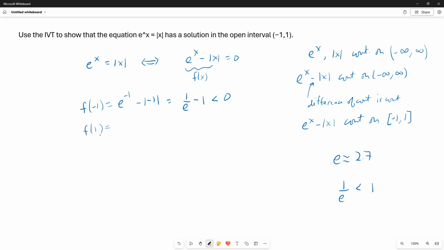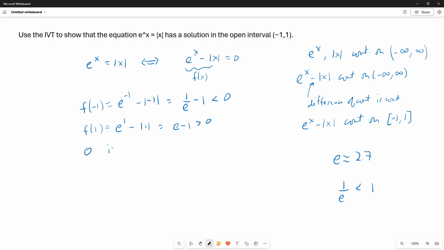Now let's check and see if f of 1 is bigger than 0. If it is, then 0 is an intermediate value. We have a continuous function, an intermediate value, and so the equation will have a solution by the intermediate value theorem. Let's check. e to the 1 minus the absolute value of 1 is e minus 1, and e is about 2.7, so this difference is about 1.7, and that's bigger than 0.